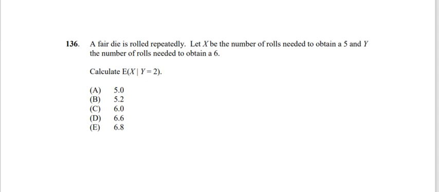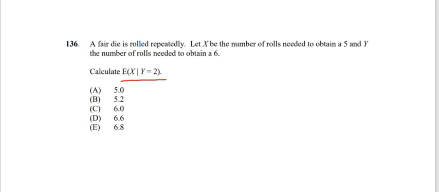So for this problem, we want to find a conditional expectation, right? When y equals 2, we find the expected value for x. So we want to know what the distribution for this x is under this condition, or the conditional distribution. Okay.